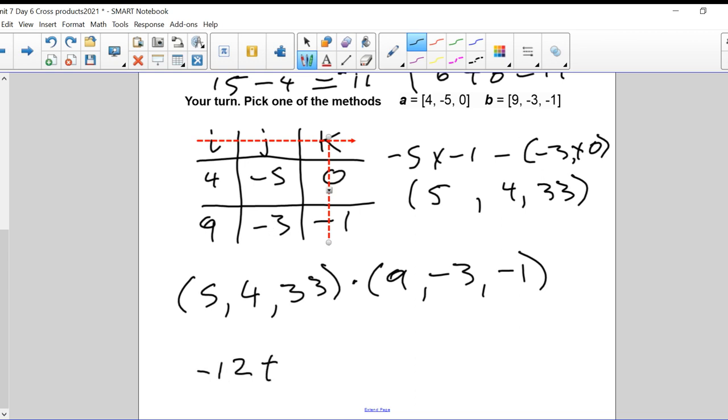I'm going to add to that the 9. Sorry, minus from that. I got that wrong. It's minus. You're not adding. I'm thinking about the dot product right now. We're going to minus from that. Let me undo that last part. So -12 minus, so it's 9 times -45.